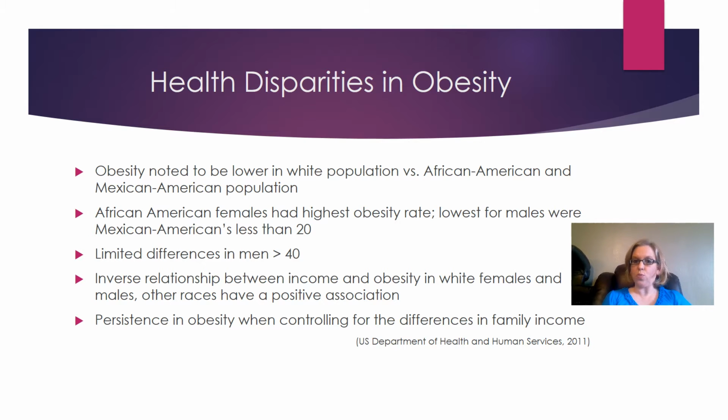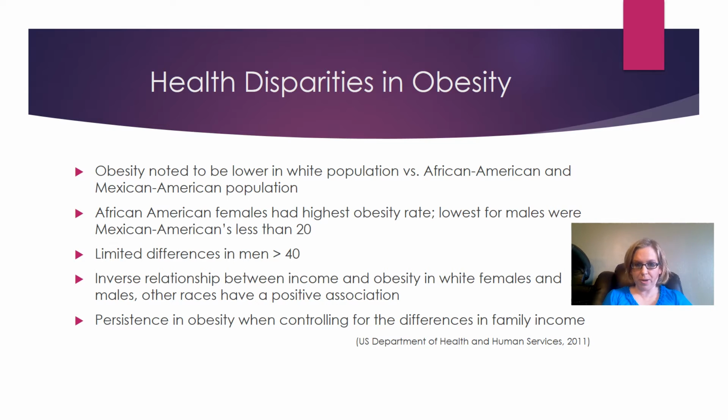Limited differences were noted in obesity in males greater than age 40 despite race, ethnicity, and socioeconomic status. There was an inverse relationship between income and obesity in white males and females. However, other races have a positive association between income and obesity.